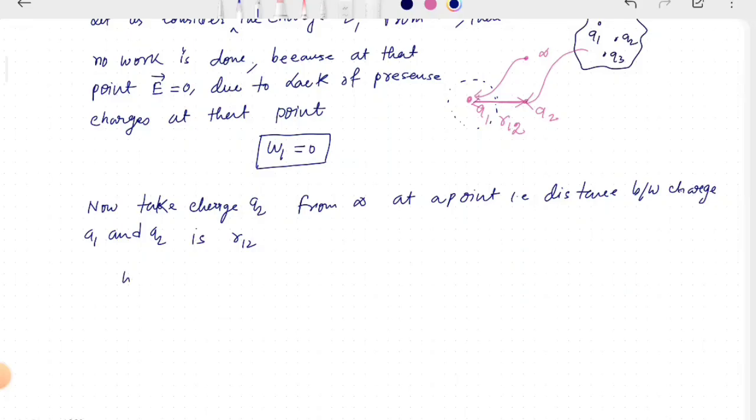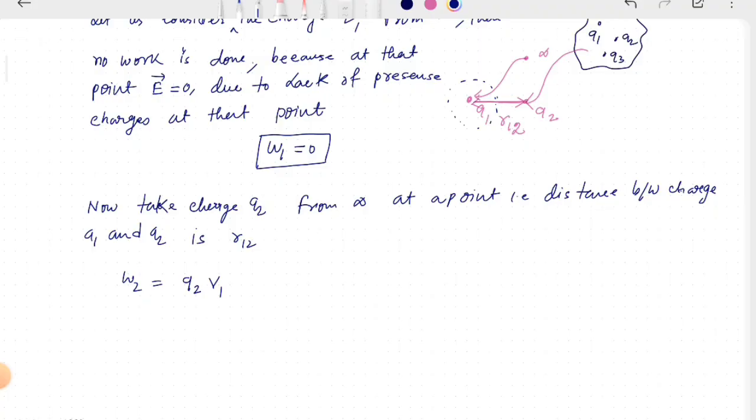Then the work done, W2, is equal to the charge Q2 times the potential due to the first charge, Q1, at the location of Q2.